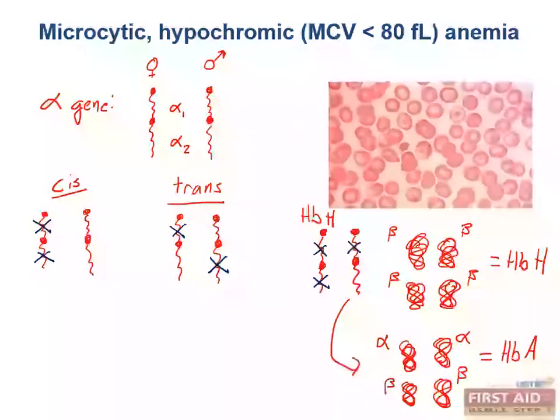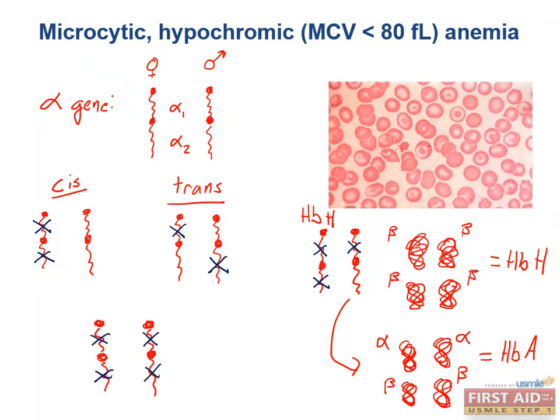What would happen with 4 mutated alpha globin genes? Well, with 4 mutated alpha globin genes, the fetus will die in utero of hydrops fetalis, or massive fluid overload and edema.